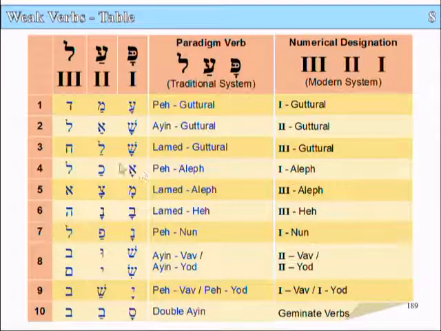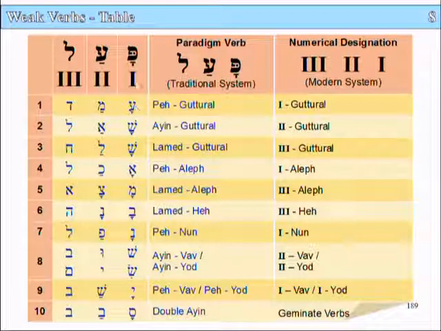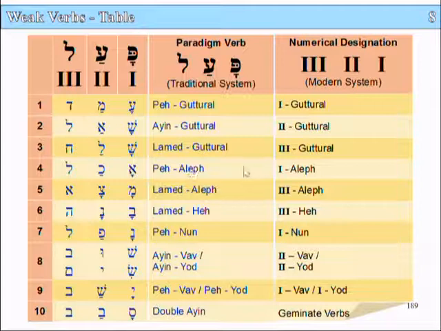Further down we have the word achal, and it has an aleph in the first position here. So it's called a pay aleph weak verb, and there's a chart associated with that, or a first aleph verb, and so on and so forth through this list.